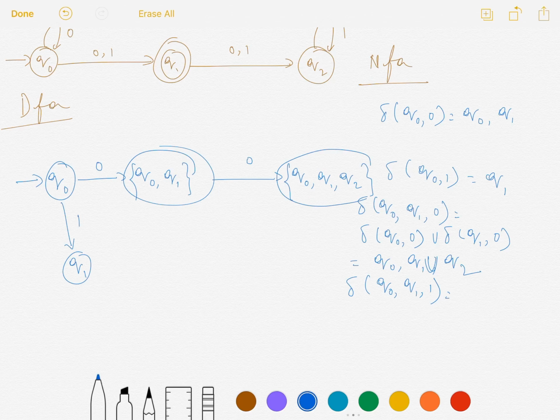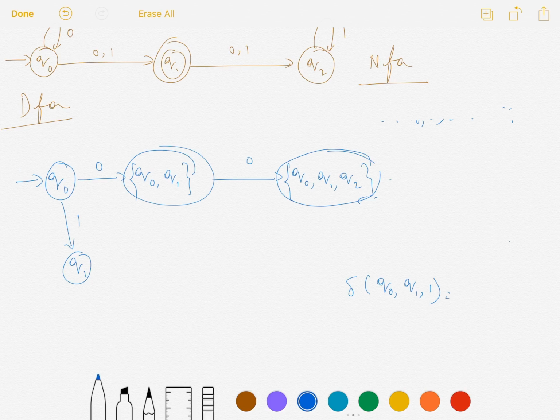Now let us check for Q0 Q1 on 1. Q0 on 1 is going to Q1, and to remove any confusion, Q1 on 1 is going to Q2.